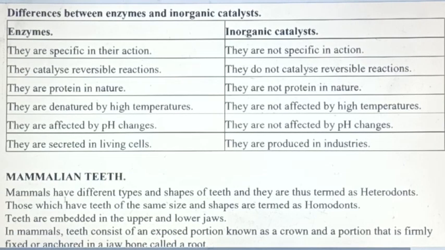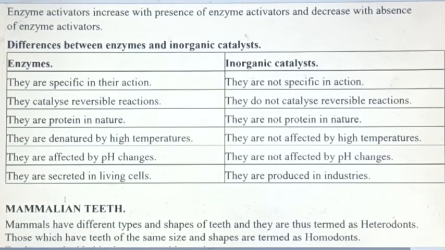We look at the enzymes being denatured by high temperatures, and the inorganic catalysts not affected by high temperatures. We look at the enzymes affected by pH changes, whereas the inorganic catalysts are not affected by pH changes. We look at the enzymes being secreted in living cells and the inorganic catalysts produced in industries.